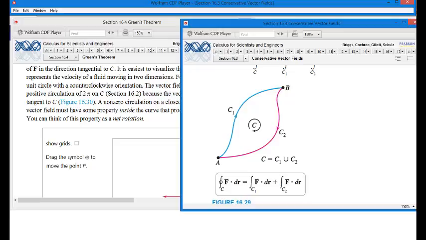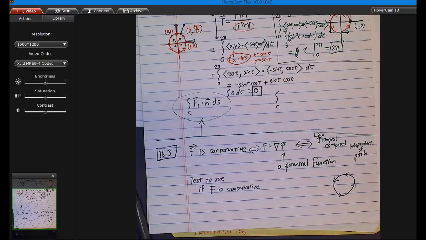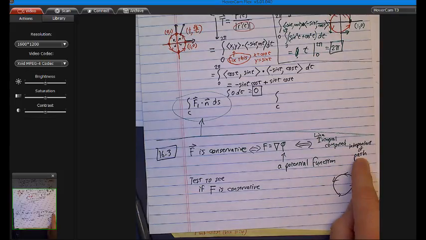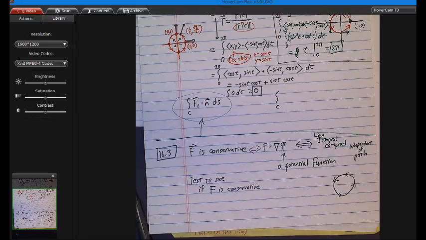Whatever you got for your work, you could think of it as negative work when you go backwards. You're fighting the force instead of gaining from the force. And so that's this idea that for simple closed curves in a conservative vector field, because of independence of path, we're going to have 0 for the integral. And you saw an example of that today without knowing all the vocab yet.